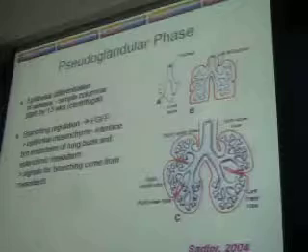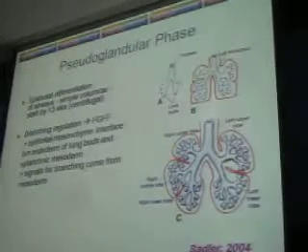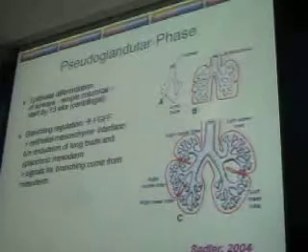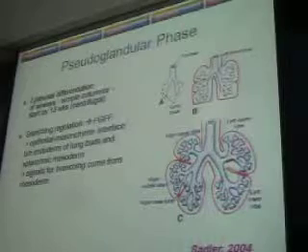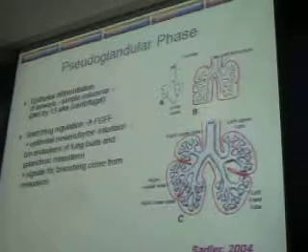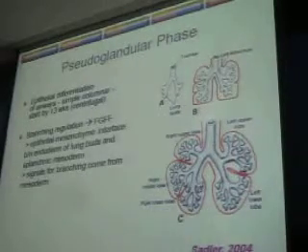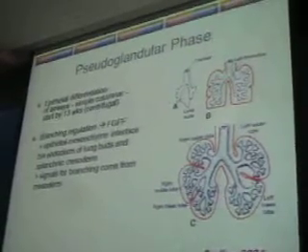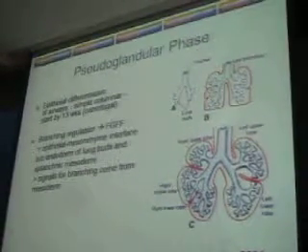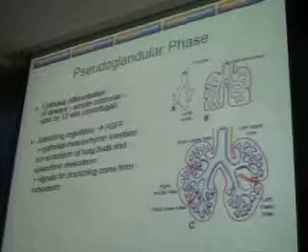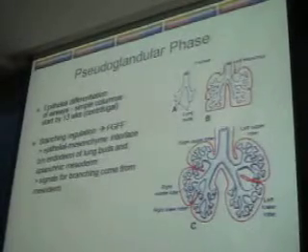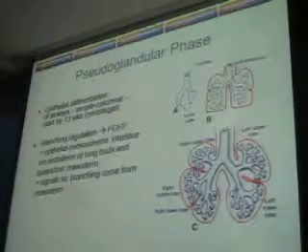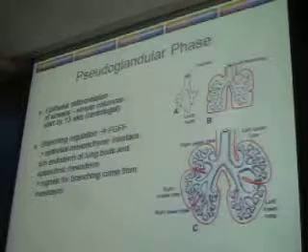So during the pseudoglandular phase, you already have the beginning of the differentiation of your epithelium, which comes from your endoderm. It is now assuming the simple columnar epithelium. And this starts at 13 weeks in a centrifugal manner. Branching will continue.